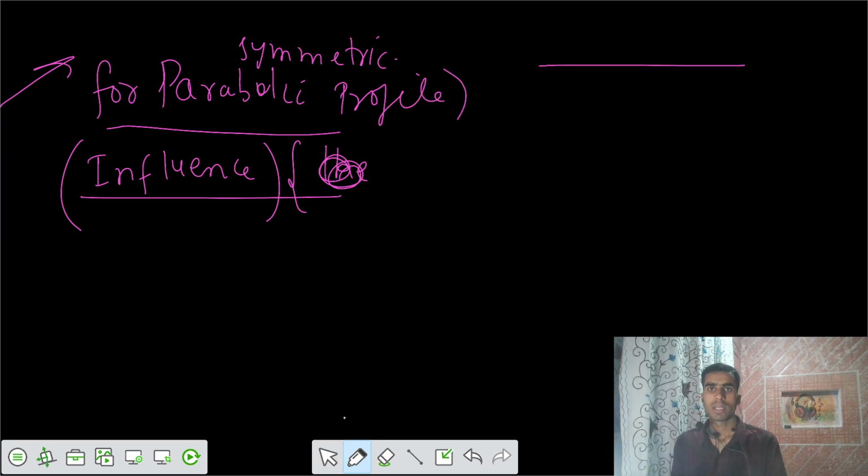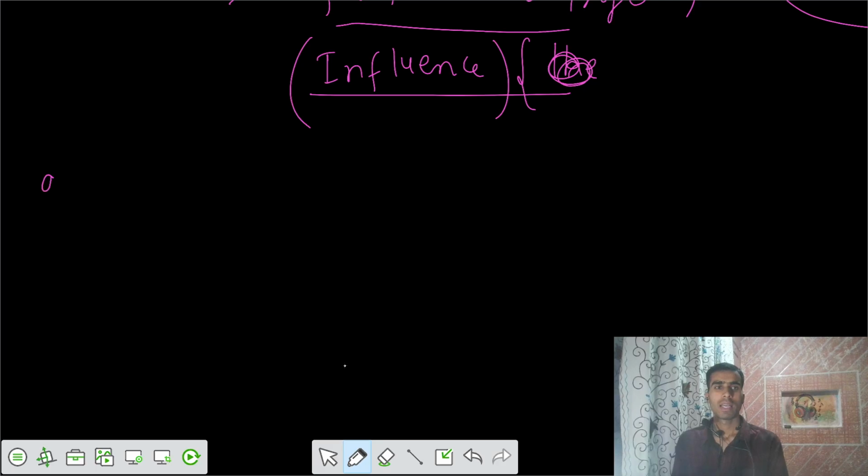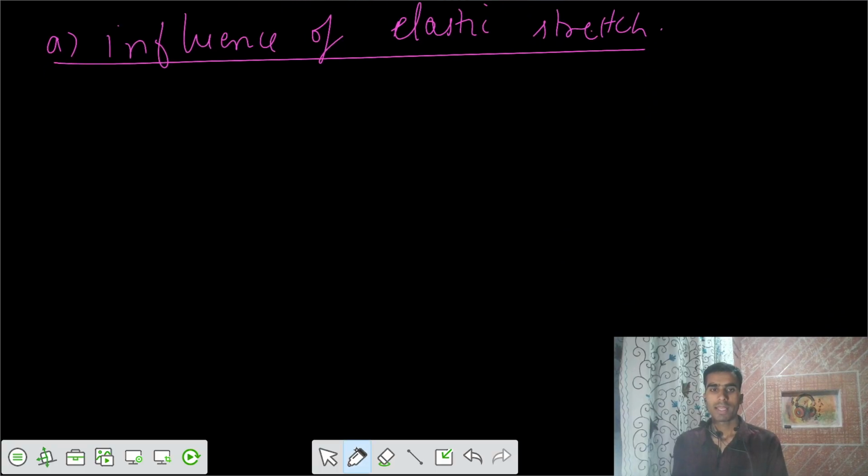So when loading is in this way and supports are at the same level, number one is the influence of elastic stretch. Our assumption B was that the cable is inextensible.